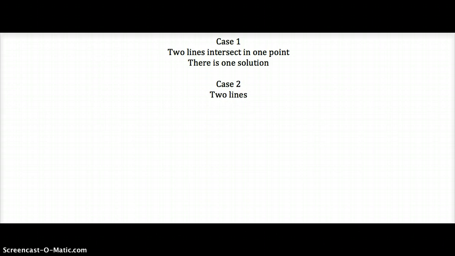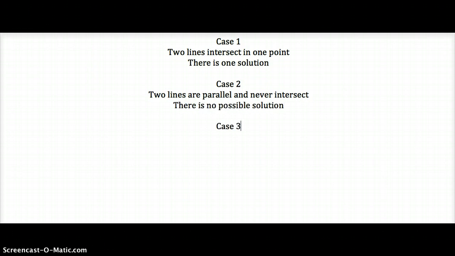Case one is two lines intersect in one point. So there is one solution. Case two, two lines are parallel and never intersect. There is no possible solution to this system of equations.